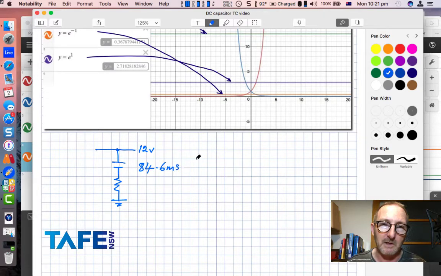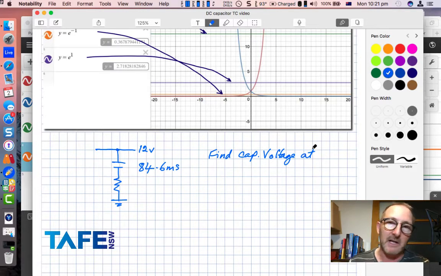And we said, find the capacitor voltage, an instantaneous voltage at 84.6 milliseconds. Well, that happens to be one time constant.